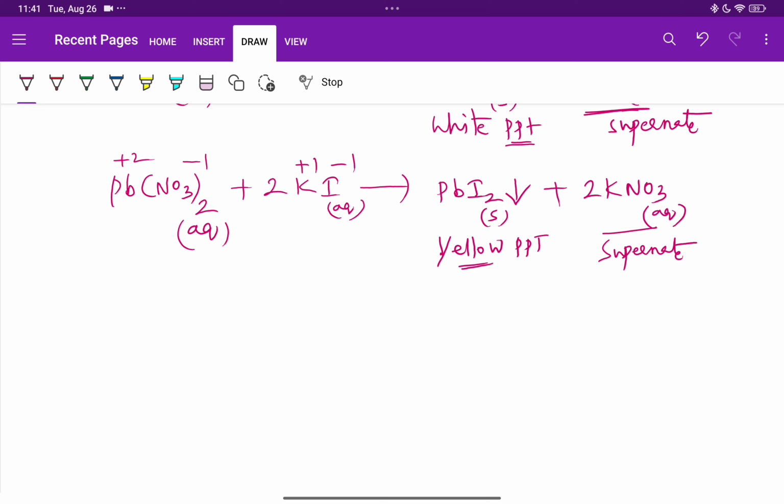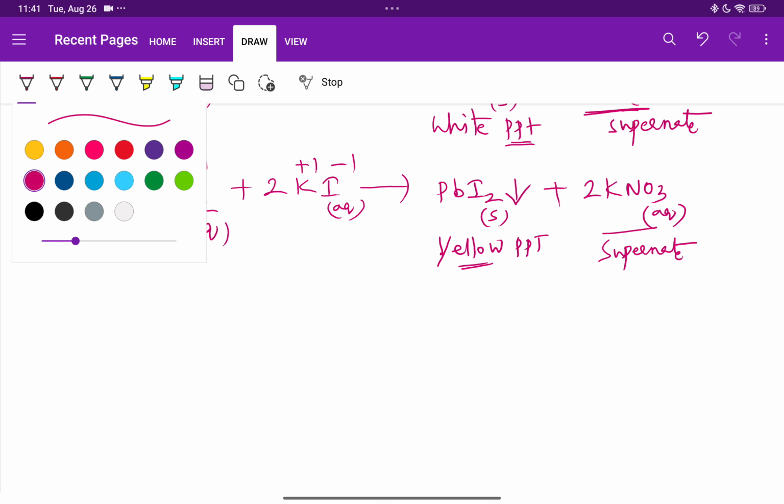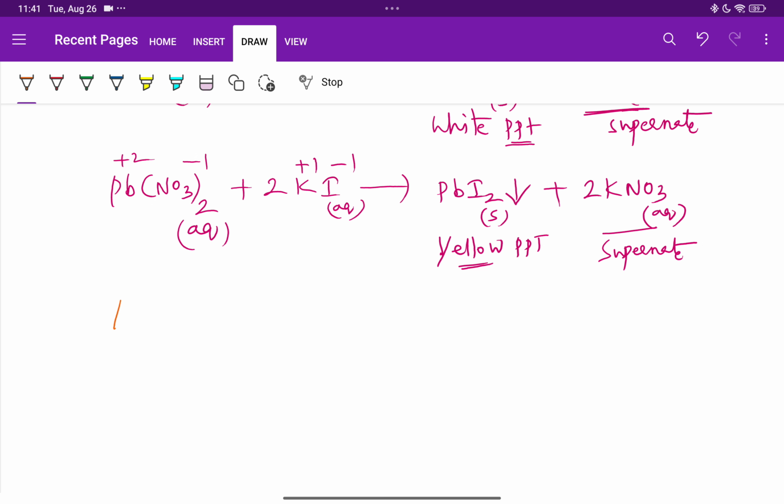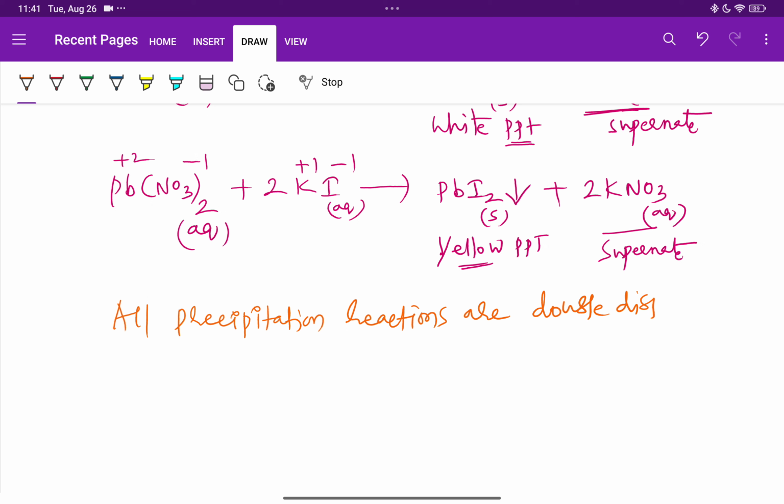And here I want to write one statement. The statement is, all precipitation reactions are double displacement reactions.